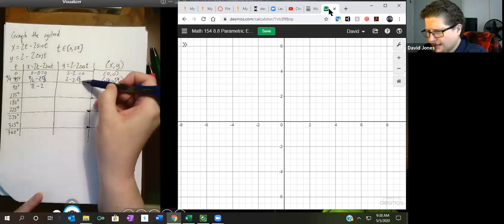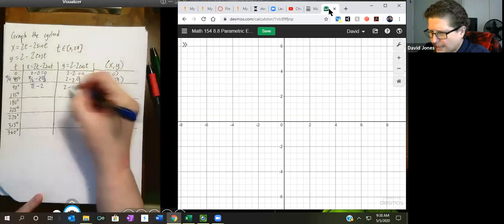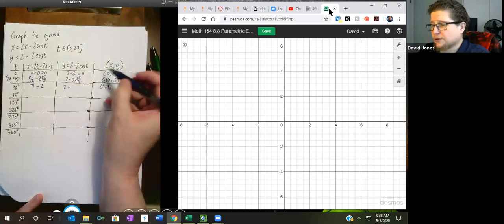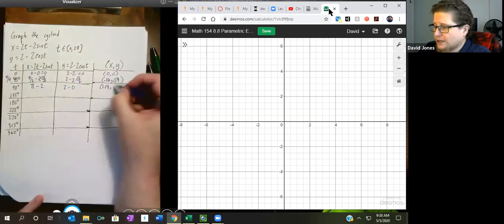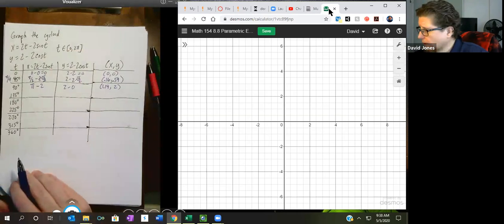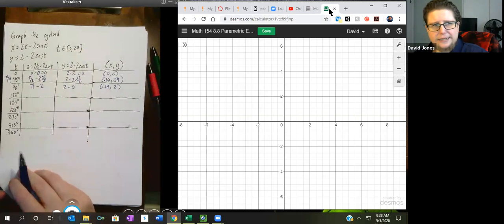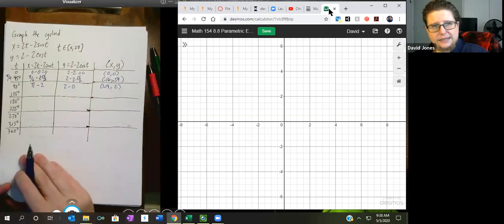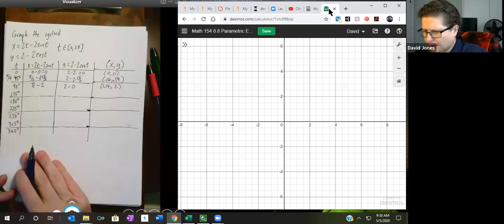We do the same thing here: 2 minus 2 times cosine of 90, 2 minus 0, that's just 2. And you can see this gets pretty tedious pretty quick because we have to plug in radians and then we have ugly decimals.